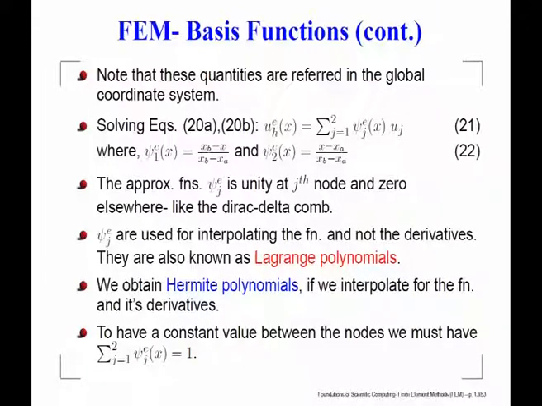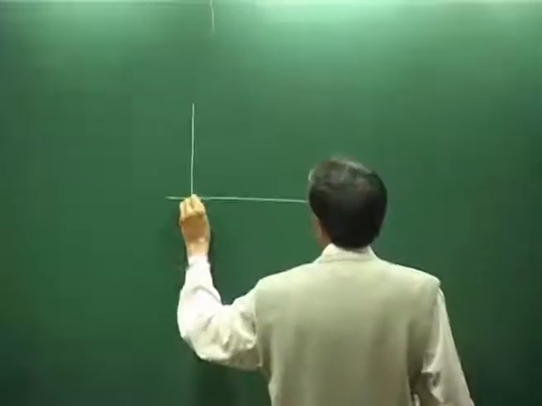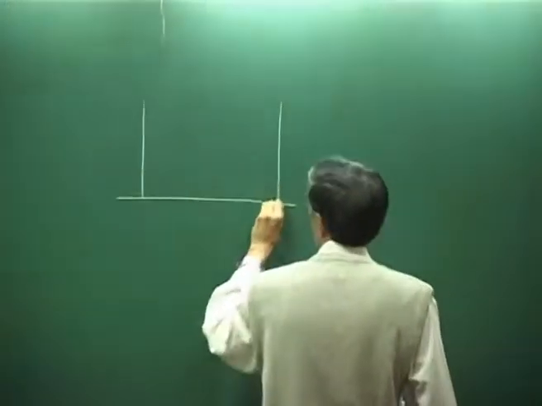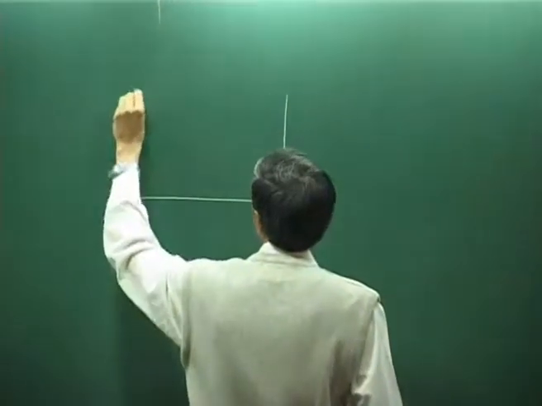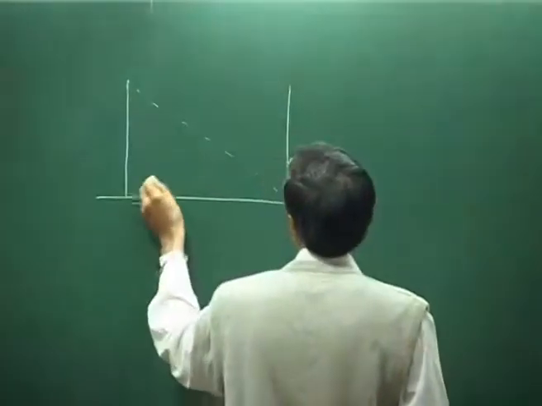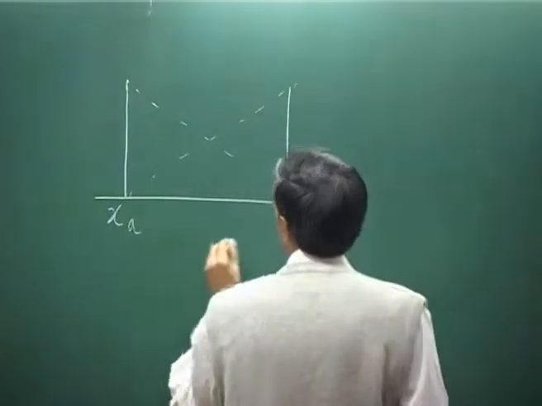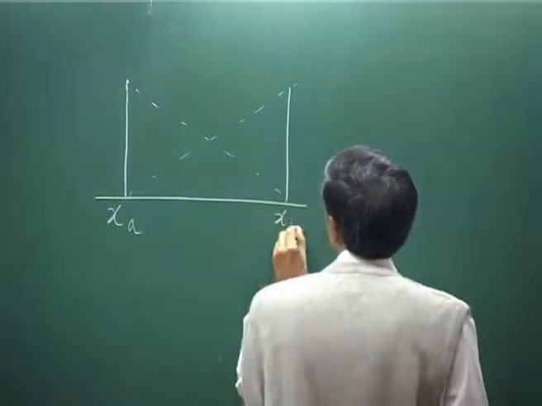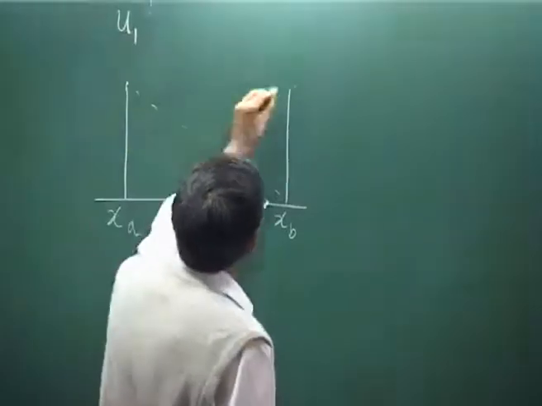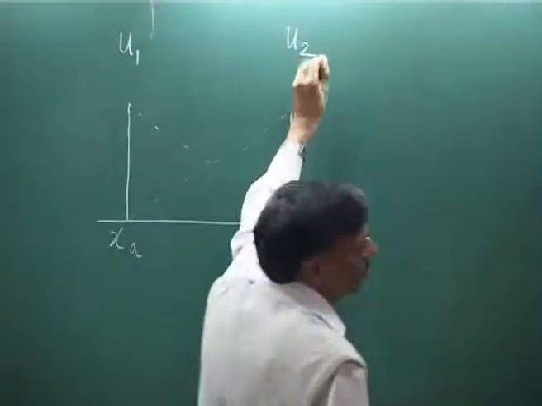Keeping this figure in front of us would help. This is our XA and this is our XB, and the function value at this point is U1 and at this point U2.